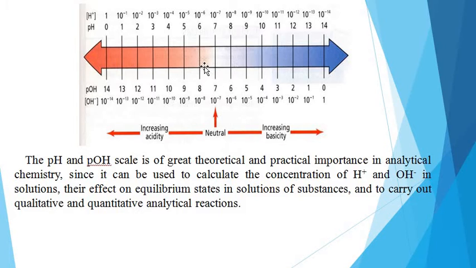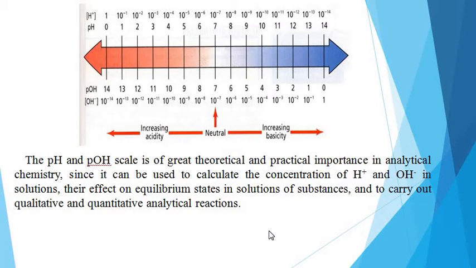Or, by increasing acidity, the value of pOH is increased and the concentration of hydroxide ions is decreased. By increasing basicity, the concentration of hydroxide ions is increased.